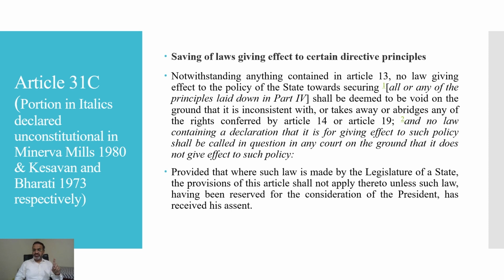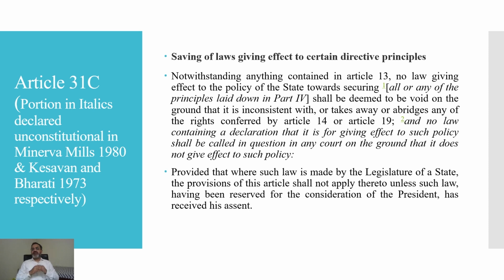Now, this version of Article 31C, that is the 25th Constitutional Amendment version, was declared constitutional by the Supreme Court in Kesavananda Bharati. However, the second part of Article 31C, which is there in italics here, that no law containing a declaration that it is for giving effect to such policy shall be called in question on the ground that it does not give effect, this question shall not be inquired into by the court. The court in Kesavananda Bharati itself declared it to be unconstitutional.